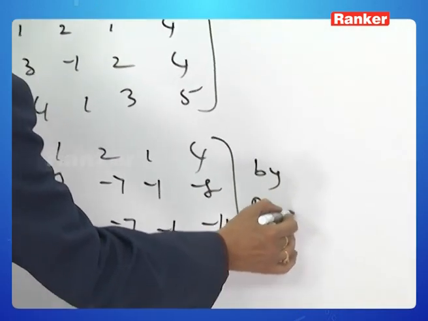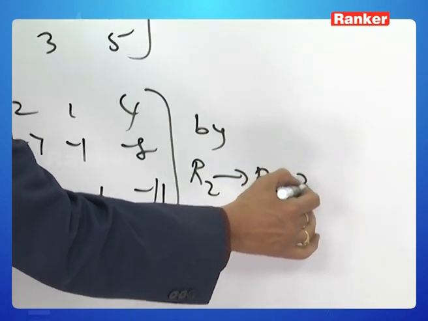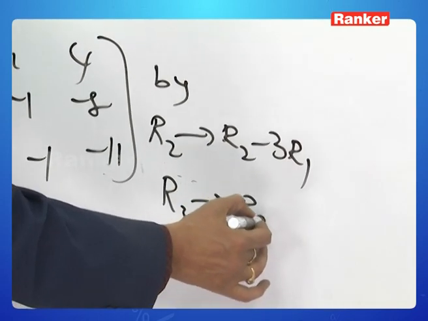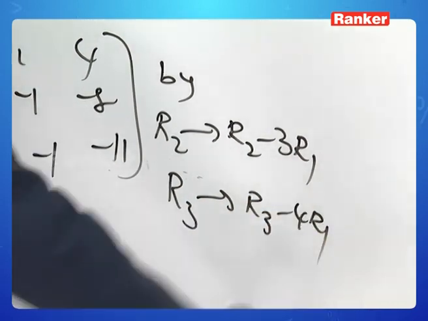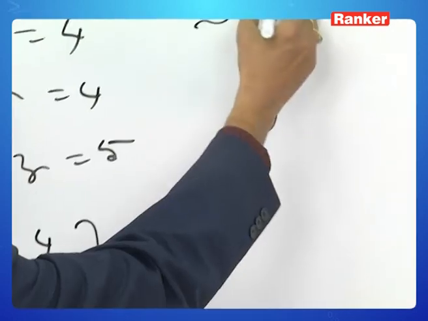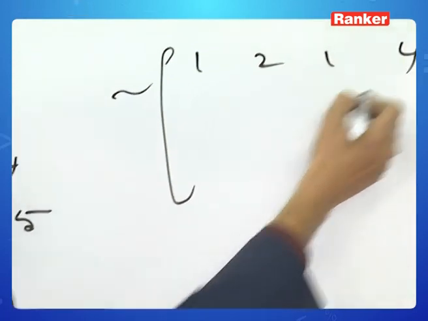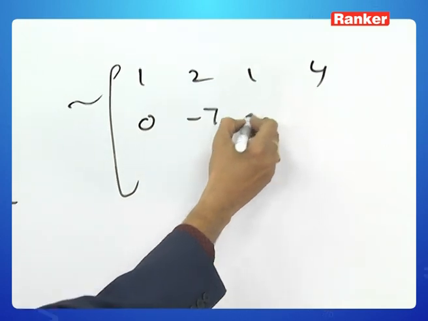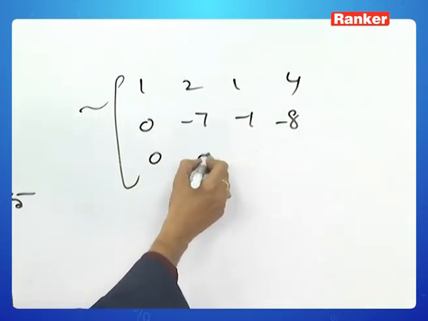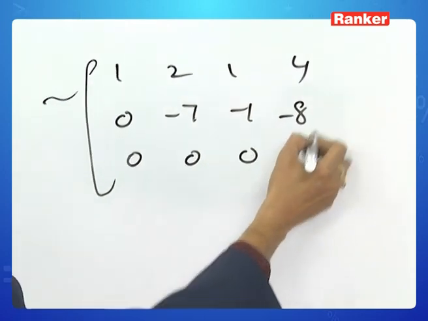By R2 changed as R2 minus 3R1, R3 changed as R3 minus 4R1. Again, entries below the 2/2 place. 1, 2, 1, 4; 0, minus 7, minus 1, minus 8; 0, 0, 0, minus 3.